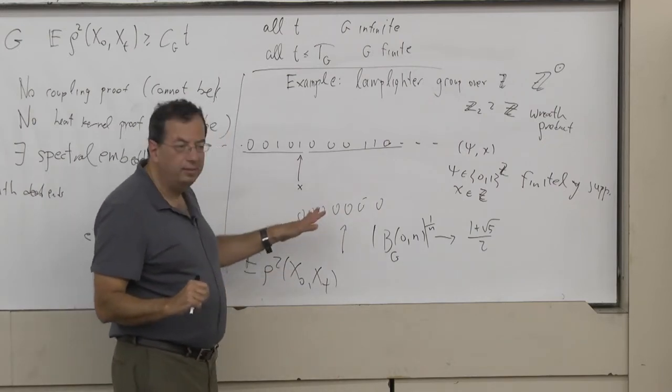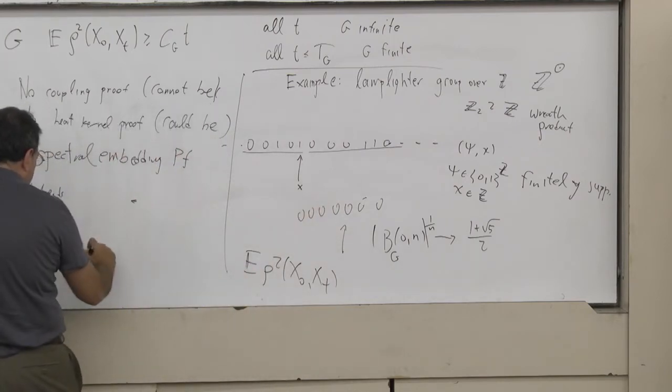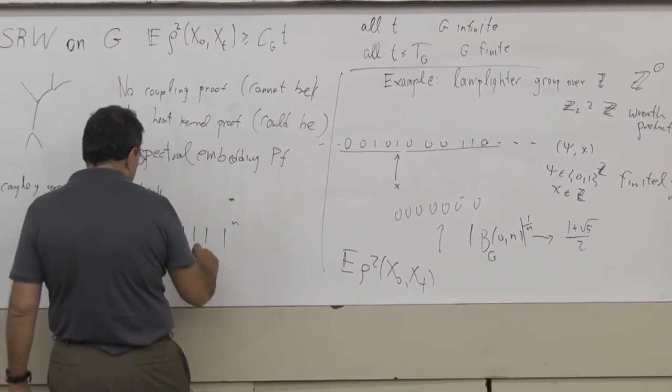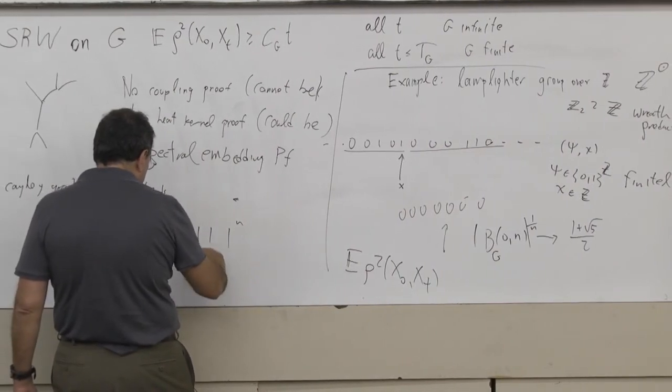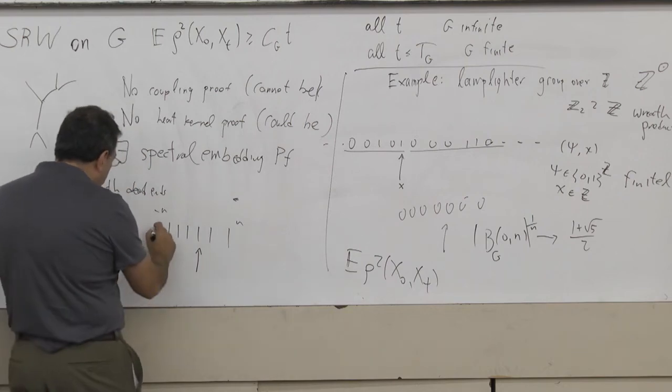OK, now I said something about dead ends. Look at this group and look at a configuration like this. So I have ones, say, from minus n to n, and the marker is at the origin, and then zeros outside.